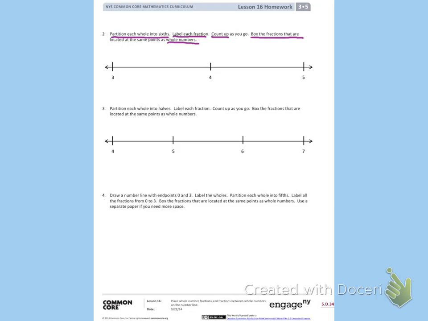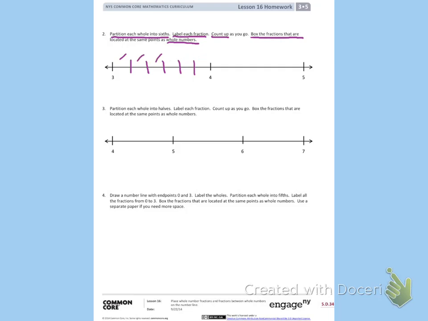If I'm going to partition each whole into sixths, that means that between each whole number there are 6 equal sections or parts. I'll do that now. Did I put enough lines to make 6 equal sections? 1, 2, 3, 4, 5, 6.